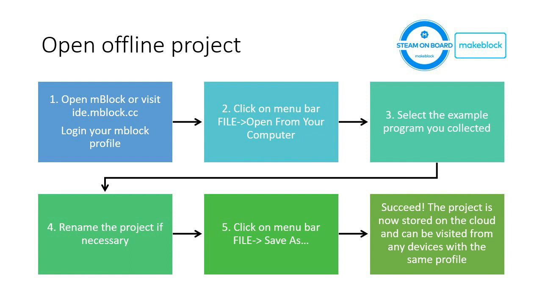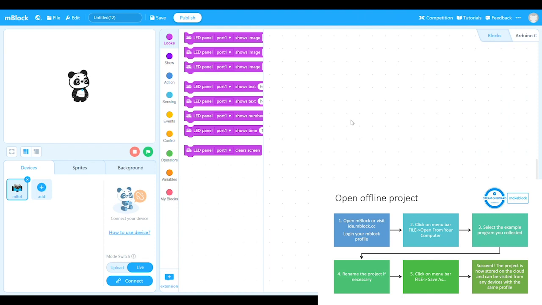So how do we make sure these offline project files can be stored in cloud storage for the students specifically? All you need to do is open your mBlock or visit ide.mblock.cc and then log in to your profile first and make sure that you can see your profile on the top right corner.